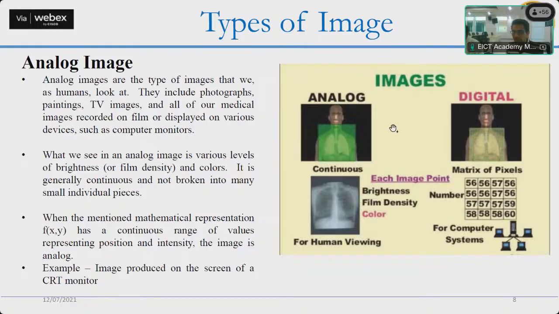Could gray level be 3D? No, gray level couldn't be 3D, because in the gray level, see what you are seeing in this image. For example, here you are seeing the image. Remember, here we are only observing the intensity.